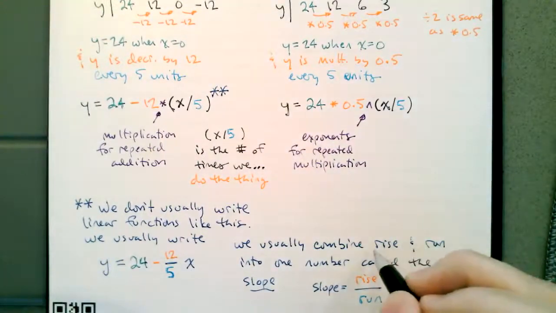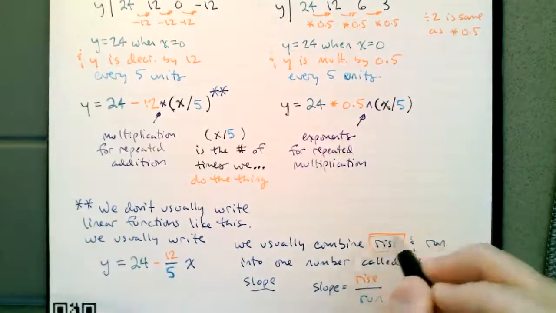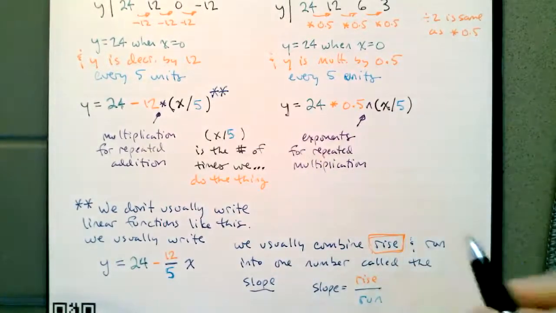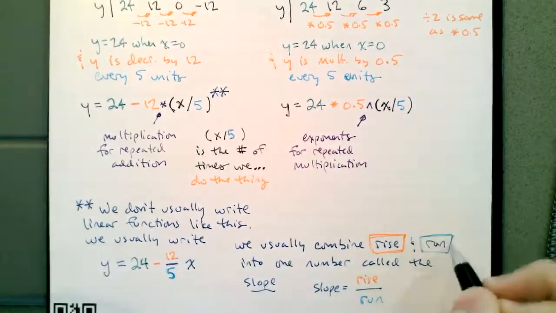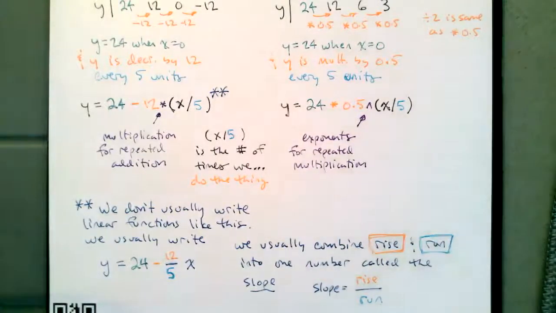So normally what we do is combine the rise and the run into one number, which we call the slope. This is because we can do this with linear functions.